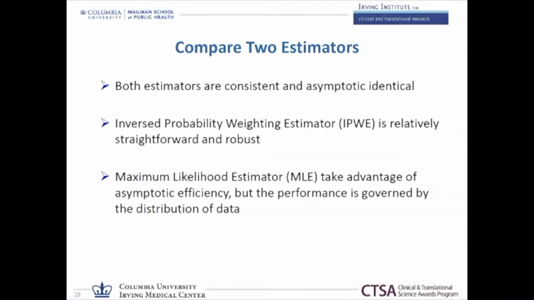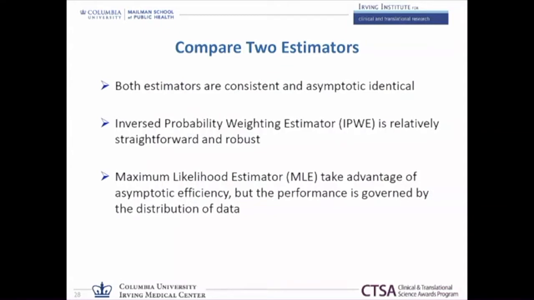Also, this method is robust to the assumption of data distribution. On the other hand, the maximal likelihood estimator takes advantage of asymptotic efficiency when the assumption about data distribution correctly reflects the features of the sample data. On the other hand, if the assumption about the distribution does not correctly reflect the features of the sample data, then the performance will go the opposite way.